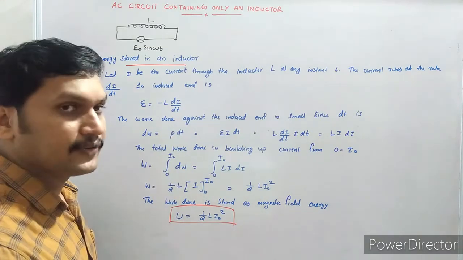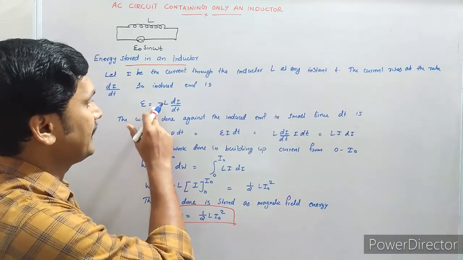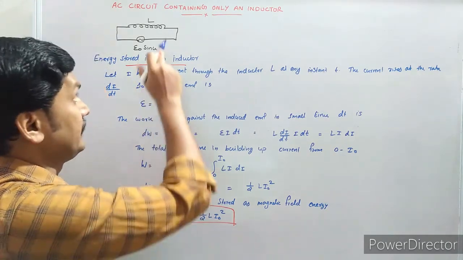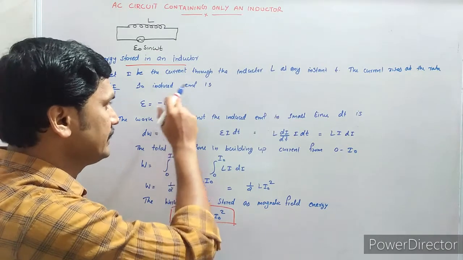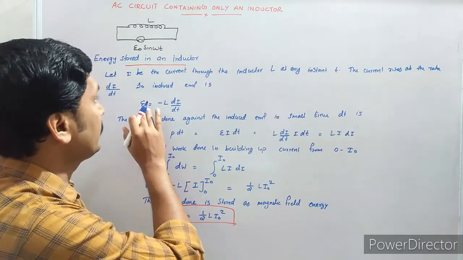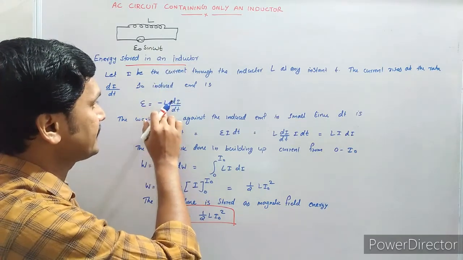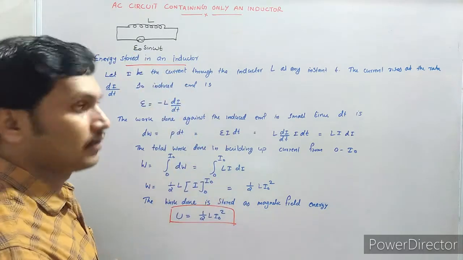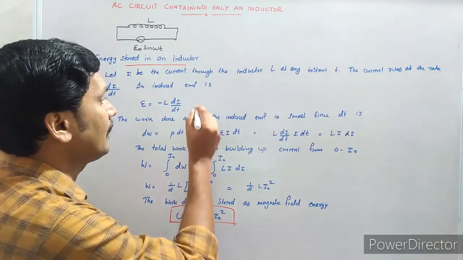So the induced EMF is E is equal to minus L into di by dt. L is the inductance of this coil and di by dt is the growth of current. So induced EMF or back EMF is equal to minus L di by dt. The minus sign shows that it is in the opposite direction of the circuit EMF or applied EMF.